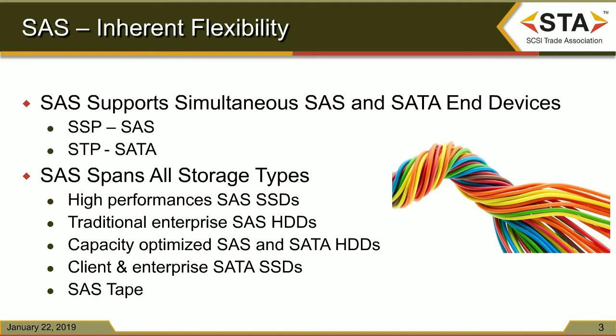So first I wanted to start by reminding everybody that most of today's data centers run on top of a SAS infrastructure. The flexibility of SAS enables it not only to communicate with traditional SAS HDDs and high-performance SAS SSDs, but also a wide variety of devices including SATA HDDs, SATA SSDs, nearline drives, and even tape.